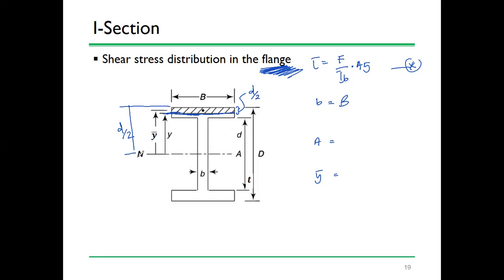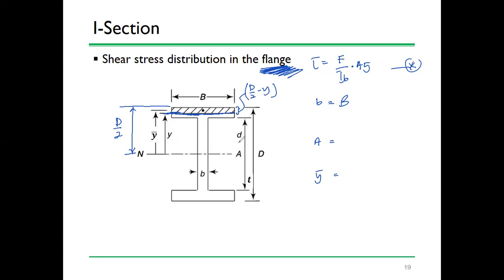No, this one is capital D. Sorry, it's capital D. From here to here is capital D over 2. Okay, so this one is now D over 2 minus y, which should give us this small distance.